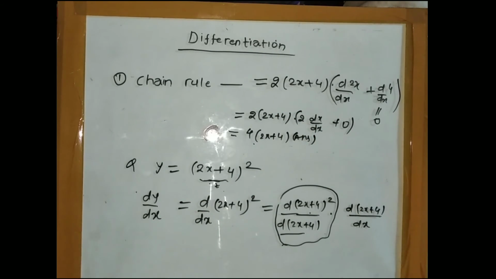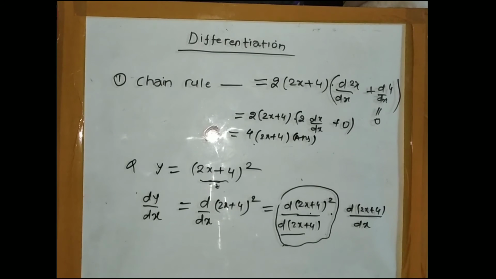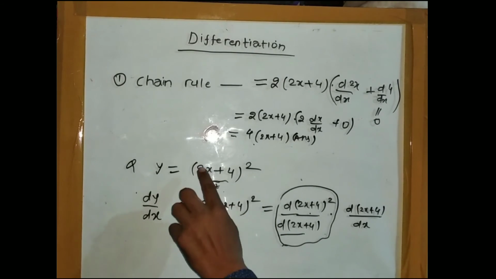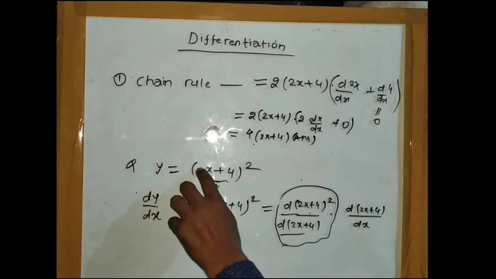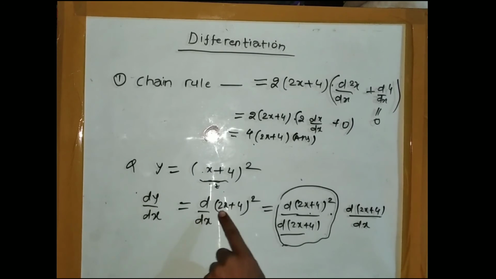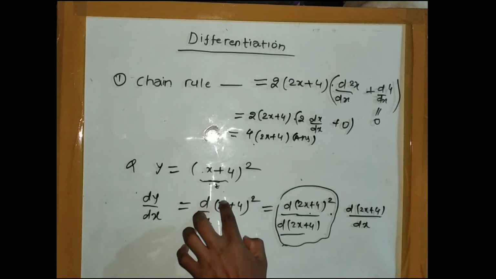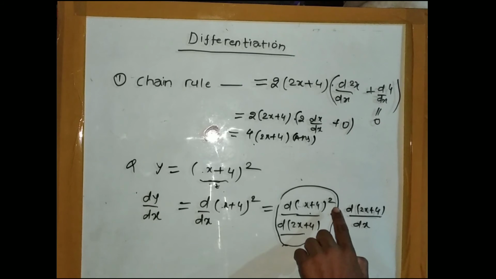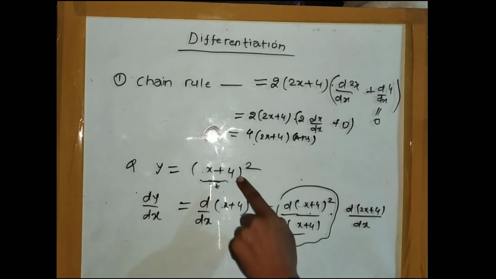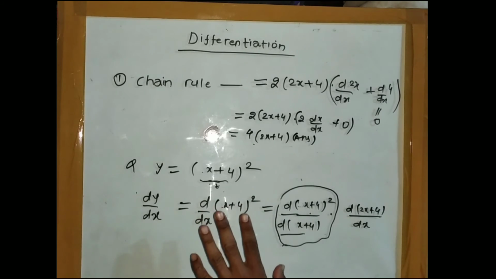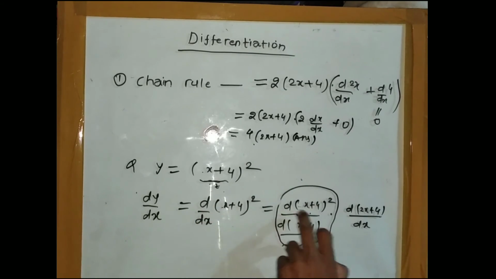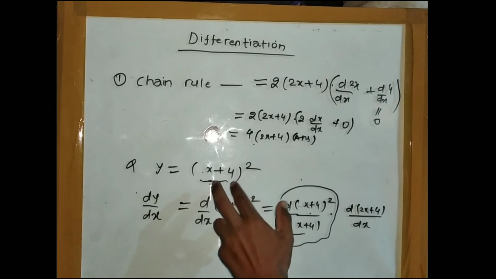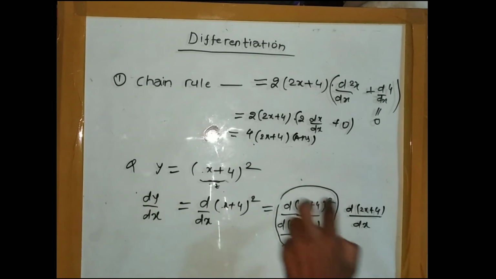Let's consider another example. Suppose the function is (x plus 4) to the power 2, then what is its derivative? We first find the derivative of the outer function, means (x plus 4) square, and then we find the derivative of the inner function, means x plus 4.